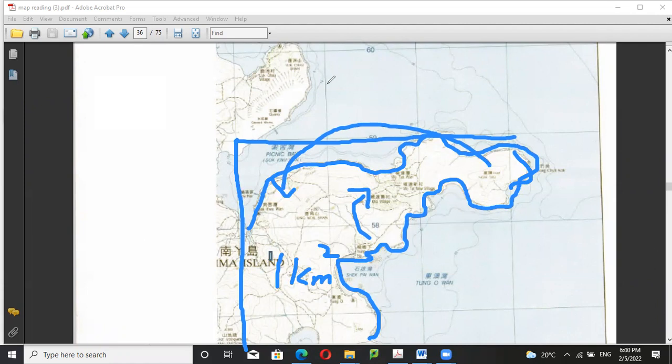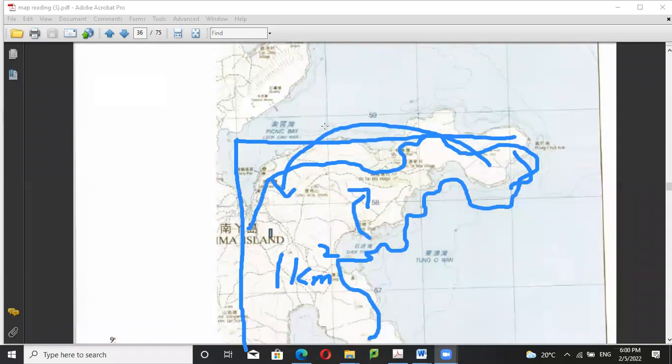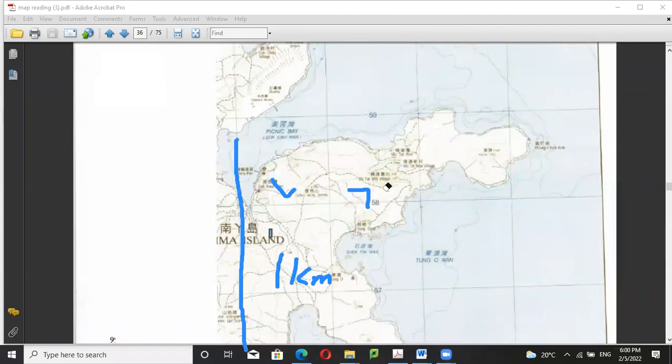Let's see. It's hard for me. Let's clean it up. Right now I have 3 kilometers already: this one is 1 kilometer, this one with this one is 1 kilometer, and this one with this one, 3 kilometers.